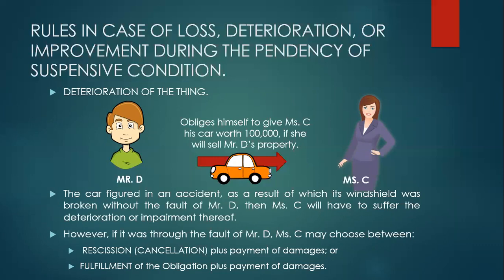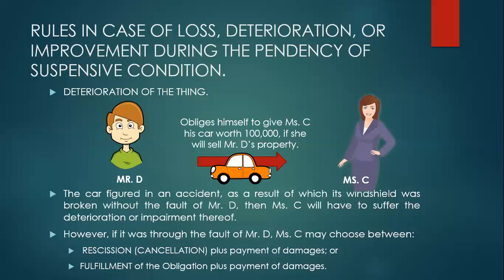For correction, by the way, let us say, for example, because of the accident, the value of the car deteriorated by 10,000 pesos. I have not stated it in the problem, but let us say the value of the car was reduced to 90,000, thereby incurring damages of 10,000 pesos.